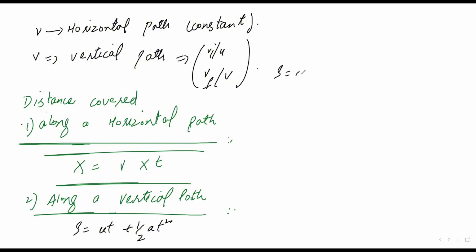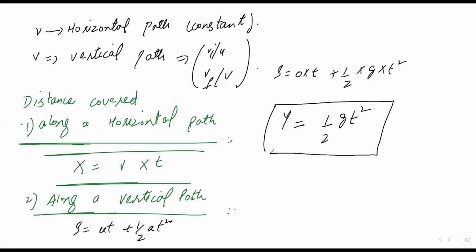So s equals u times t plus 1 by 2 times g times t square. The distance which I'm going to take as y becomes y equals half gt square. That is how we're going to calculate the vertical distance covered by a projectile. You just need to know the time, and you can simply calculate the vertical distance.